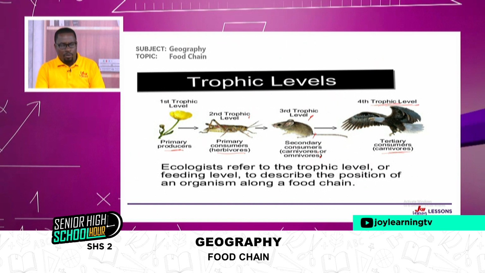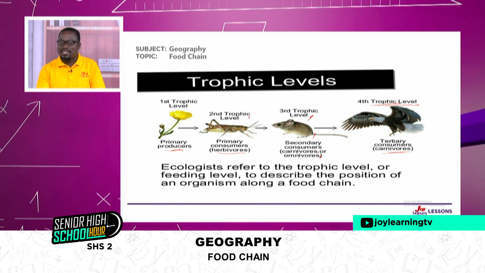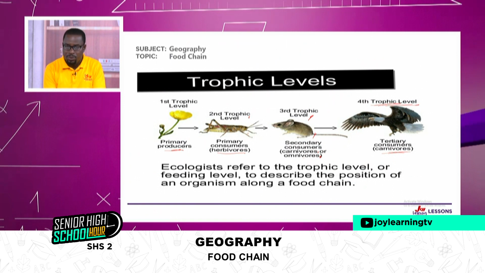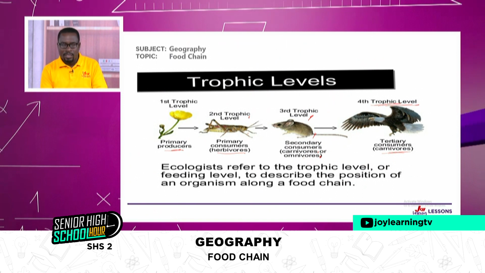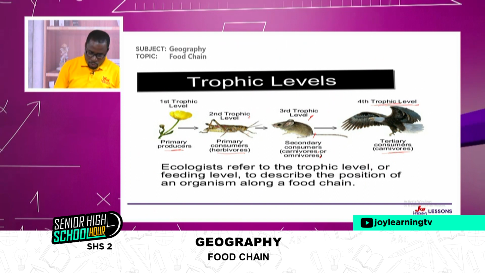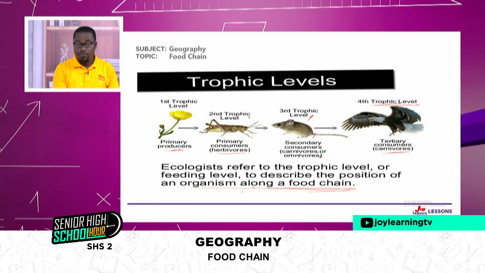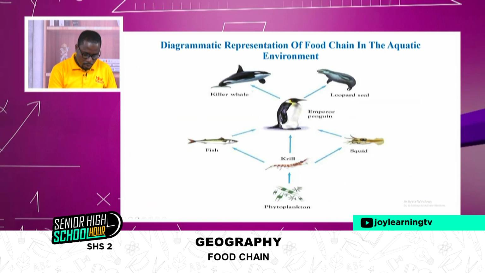So it is not rigid, or say it is not automatic, but rather if you are examined on this particular topic, depending on the organisms that have been given to you, or depending on the arrangement, you should know which trophic level each of the organisms should occupy. Is that okay? Good. So ecologists refer to the trophic level or feeding level to describe the position of an organism along a food chain. I think it's that simple, or it's well understood.